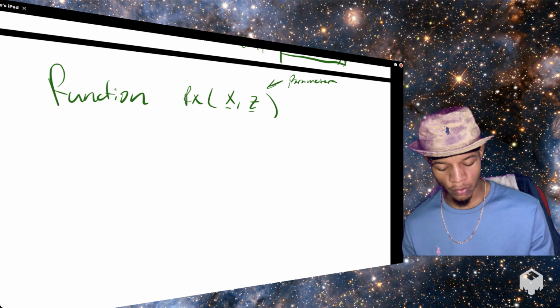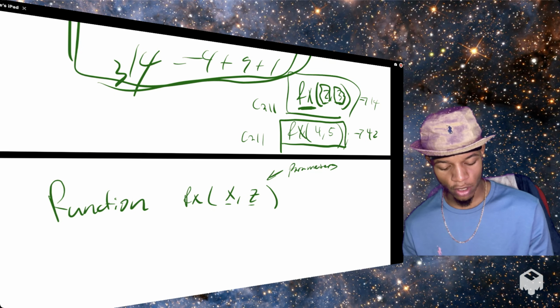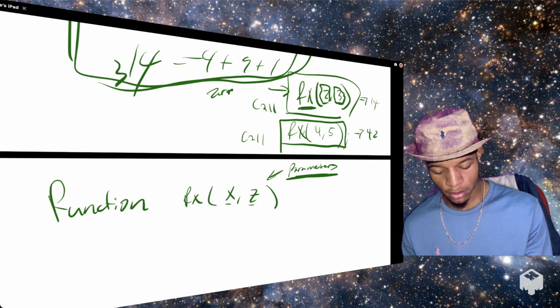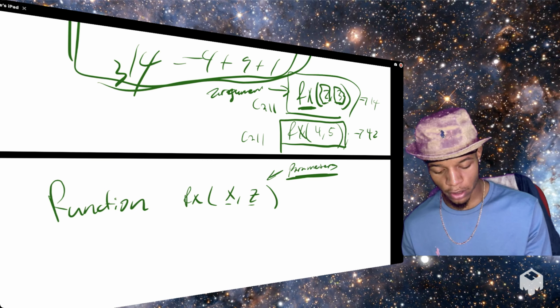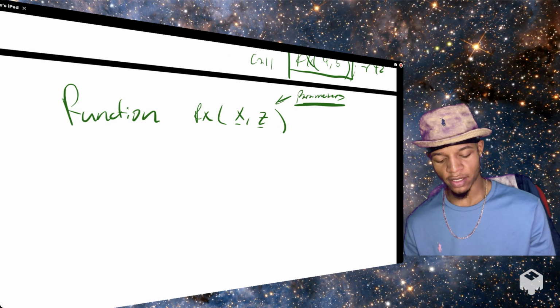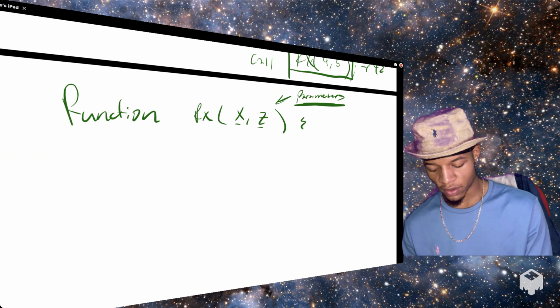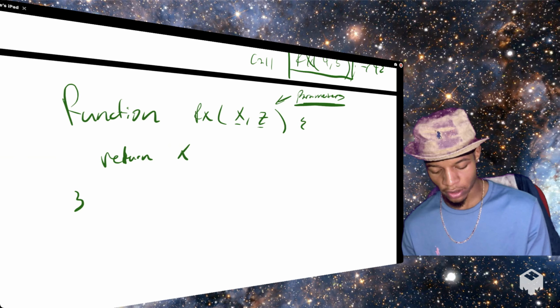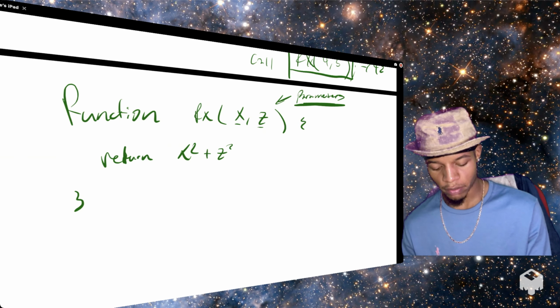When you're defining, they're called parameters. When you're calling, they're called arguments. What are the arguments? What are the input values that you're giving to f of x? And then you do your curly bracket, and then you do return x squared plus z squared plus 1, right?